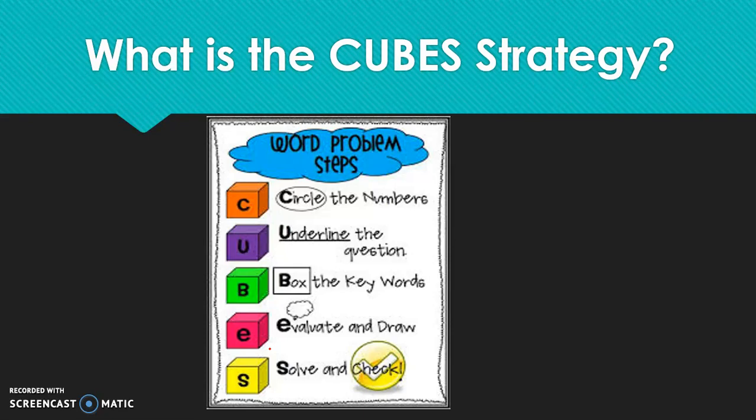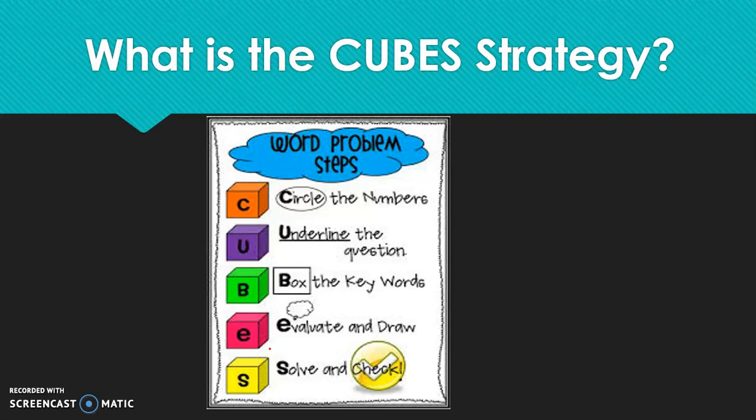CUBES is an acronym. C stands for circle the numbers. U means underline the question. B, box the keywords. And the keywords can be in all, total, less than, fewer, more.